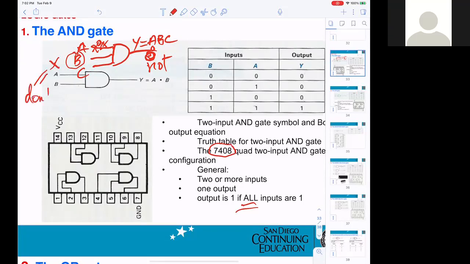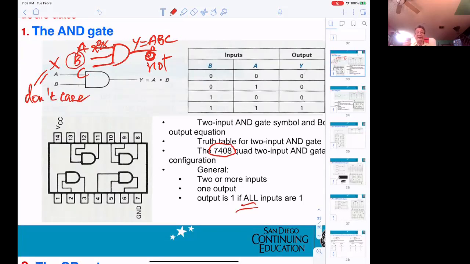Don't care. So now you get 0 in binary, 1 in binary. And now you learn one more: don't care. What does that mean for don't care? It can be 0 or 1. They can be 0 or 1, doesn't matter to me. That's why I say don't care. So when you say don't care, you don't have to take any measurement. Okay? That is how we troubleshoot it.